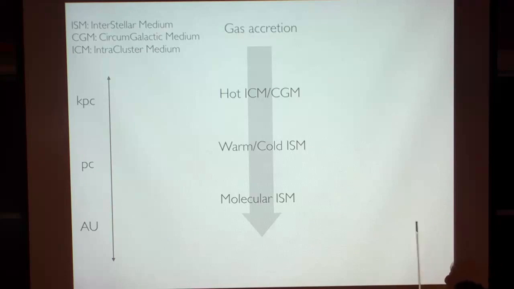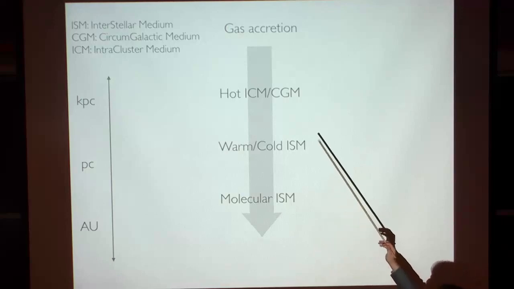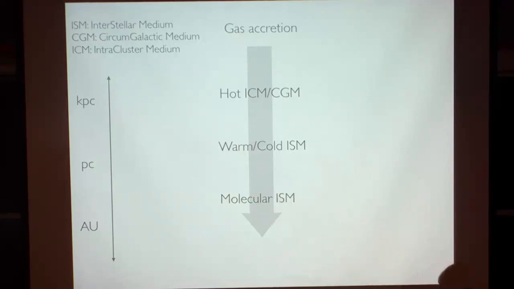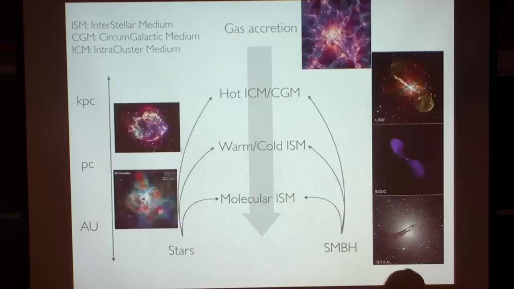So we have this warm and cold interstellar medium in there, and they will further cool down to the molecular interstellar medium. And all these gas flows eventually go into stars or go into some supermassive black hole. Then the thing we anticipate from stars and the supermassive black hole is some feedback process.